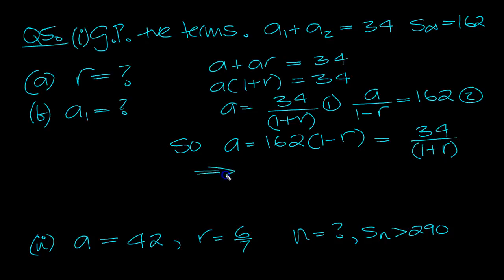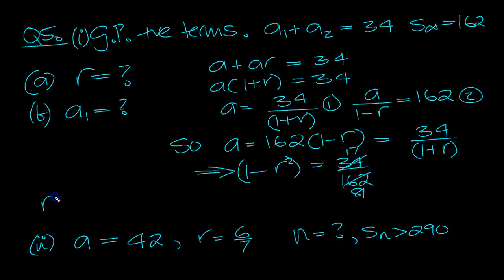So that tells us then that 1 minus r times 1 plus r, when we move that up, that's 1 minus r squared, is equal to 34 over 162, which is 17 over 81.